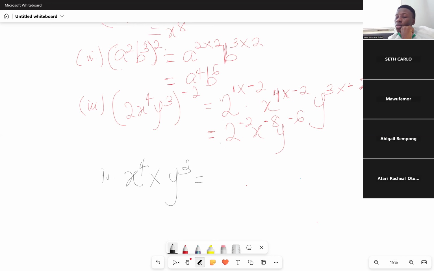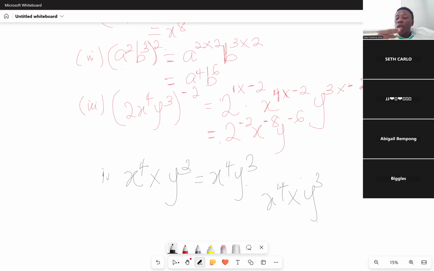X, Y, raise the power 7. No. The exponent for y is 3. Someone can even choose to rewrite the same question back to us, x to the 4 times y to the 3, or you can choose to ignore the sign. The point we're trying to say is that it's not plausible for the answer to be the question.